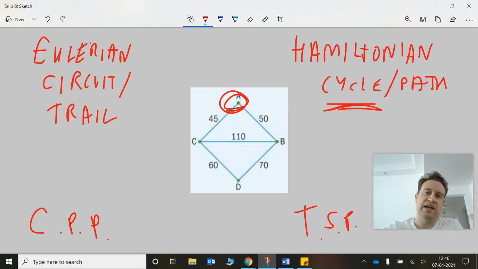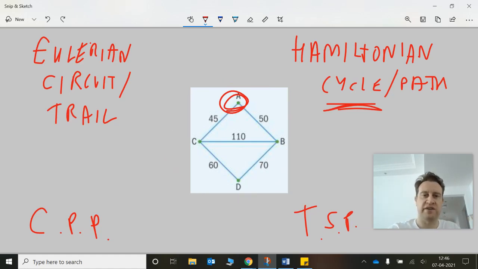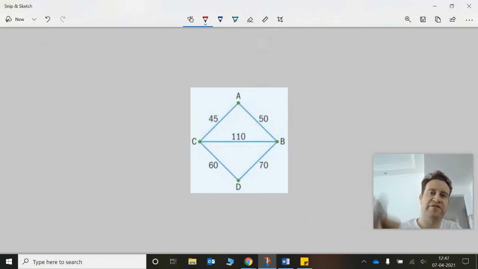Now, in order to make a Hamiltonian cycle where we can consider lots of different routes, we're going to need a complete graph, and that's called the classical traveling salesman problem. Now, we can make this a complete graph by basically adding in an extra length here, the extra length which is missing, which is A to D. Okay, so our first task, when applying any of these algorithms, is to change this into a complete graph.